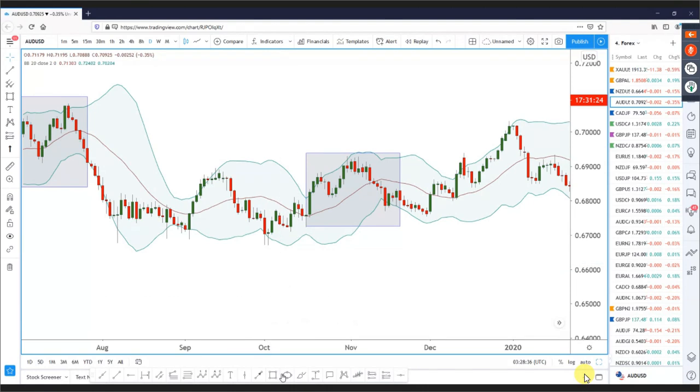Okay, so you see we have this bullish, higher highs, higher lows, and then this is like the first initial M, and then it broke out of the bands on top, and then it came close to the band again.